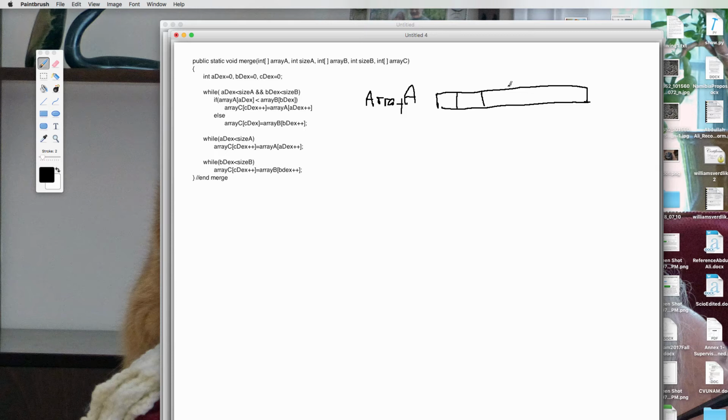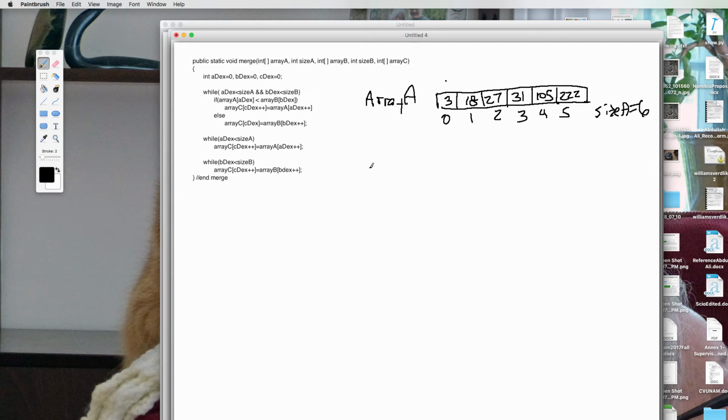We don't particularly care about the size, but maybe it's 3, 18, 27, 31, 105, 222. I'll put the indexes 0, 1, 2, 3, 4, 5. So that would mean that in this case size A is equal to 6.